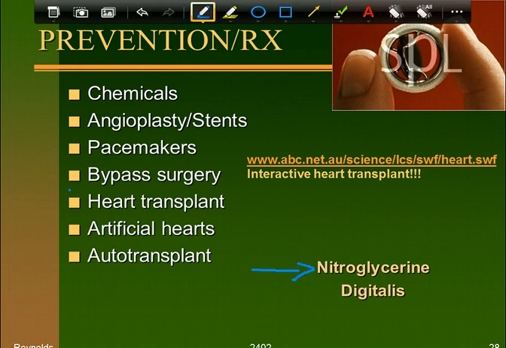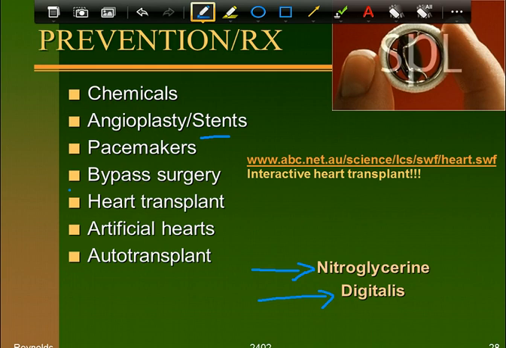Nitroglycerin is given as either a pill, you pop it under your tongue, or some people wear patches over their chest. It's a vasodilator, so it makes the coronary arteries dilate. So if there's an obstruction, there's still a better opportunity for blood flow to the heart muscle. Digitalis, a lot of people are on. That's the generic name. It makes the heart muscle more contractile.